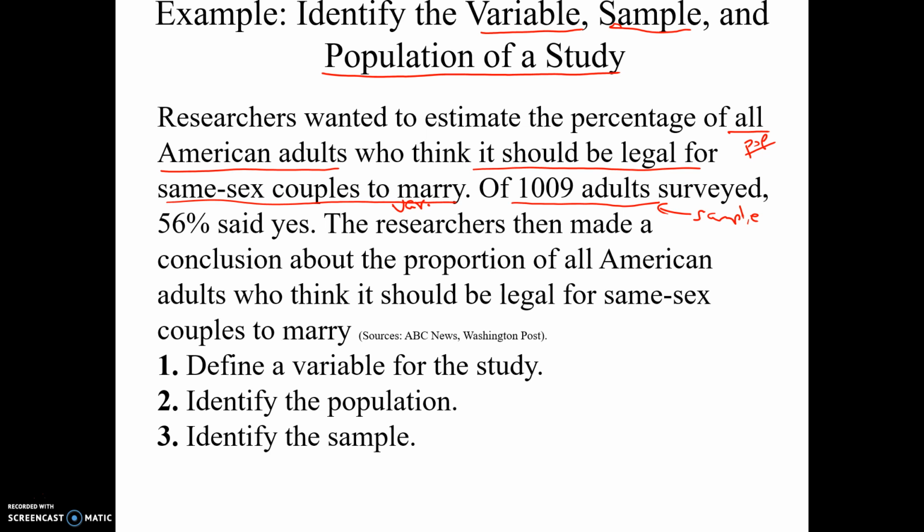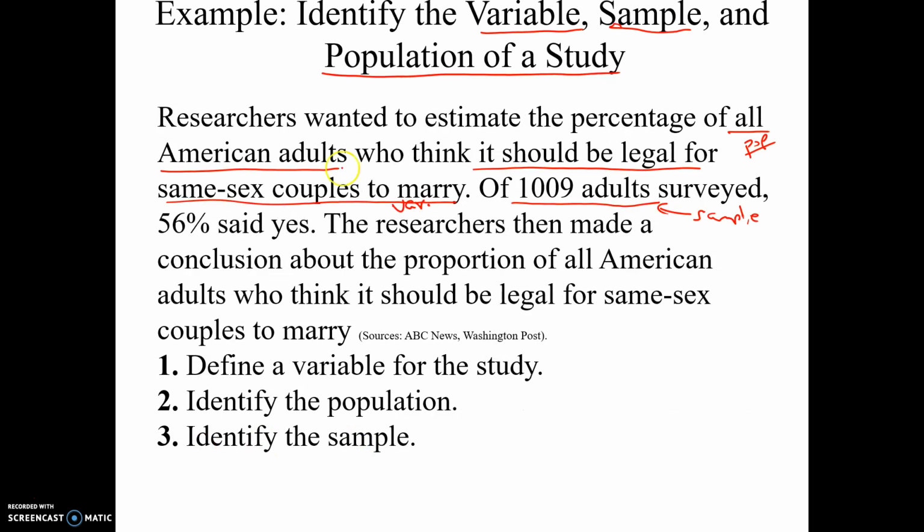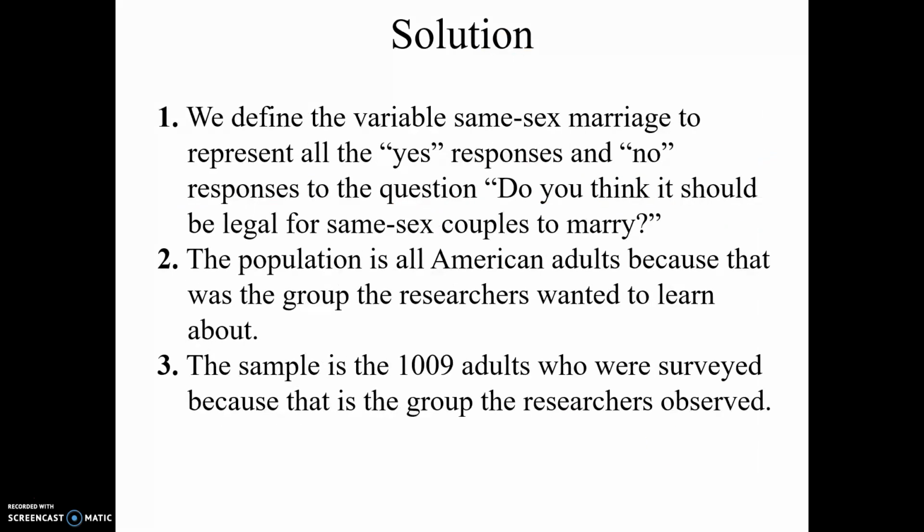Okay, so the variable is the yes or no responses to the question, do you think it should be legal for same-sex couples to marry? So the variable is the percentage of American adults who think it should be legal for same-sex couples to marry. That's your variable. The population is all American adults because that's the group we're interested in. But we can't survey all American adults, so instead we survey a sample of 1,009 American adults.